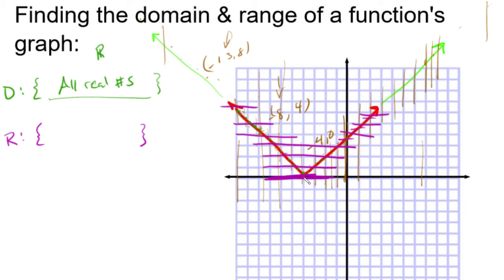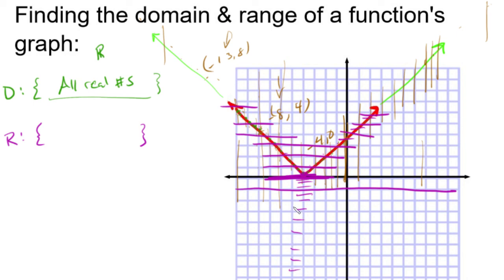However, moving down, look, if I draw a line here, it's never going to touch my graph, ever. That means this y value is not part of our range. It's excluded. As a matter of fact, every y value below the vertex here, the bottom of the V, is not going to be in our range. So all of these negative horizontal lines are not in your range.